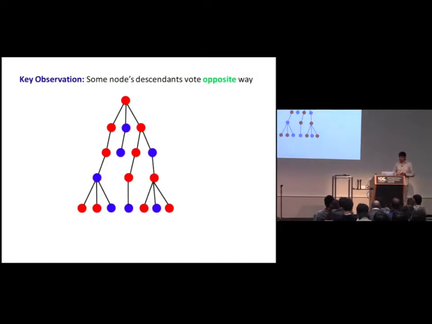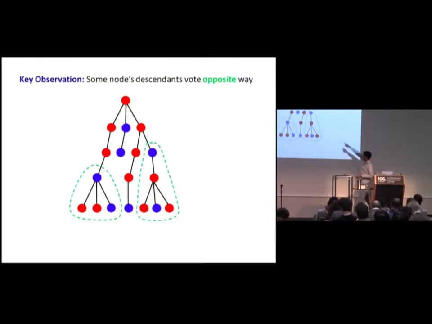So the key observation is actually pretty simple. These things, once you think about them in the right way, are pretty obvious, that these types of changes really can move the thresholds. But the key observation is that when you take this type of broadcast tree model, well, some node has a good chance that its descendants vote the opposite way that it would have voted. So for example, this is one example right here, this blue node.